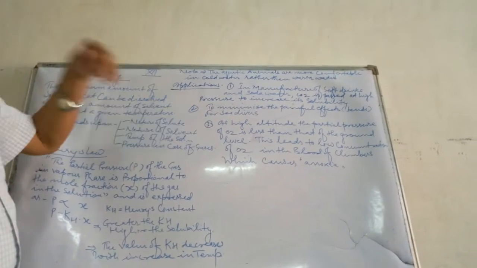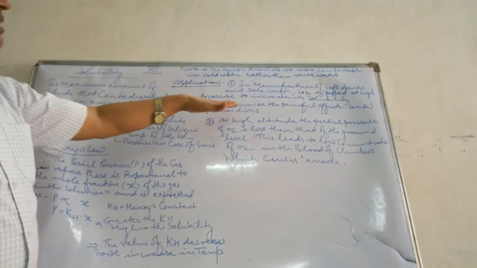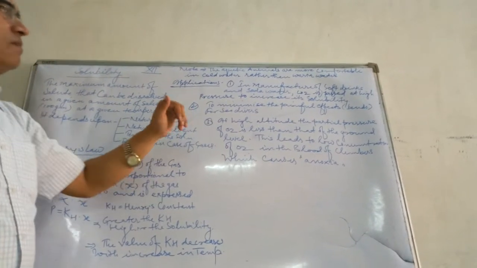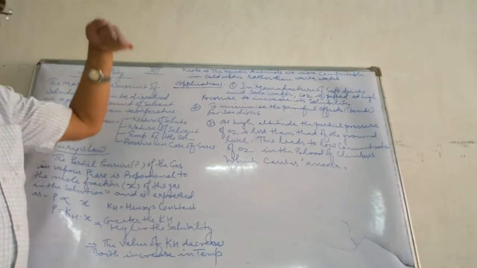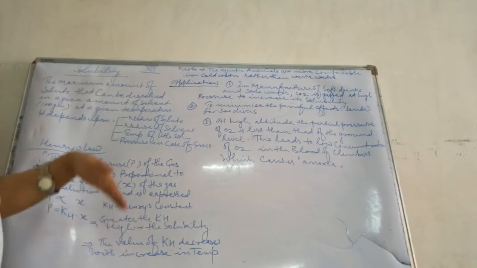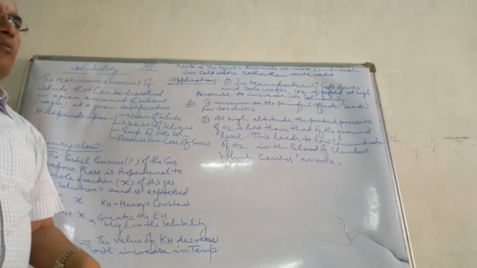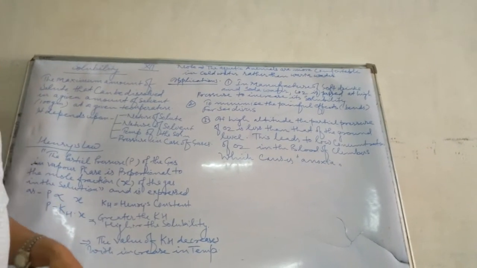The second one is to minimize the painful effects for sea divers. Sea divers go to a depth of 1 kilometer, 2 kilometers, sometimes 3 kilometers.